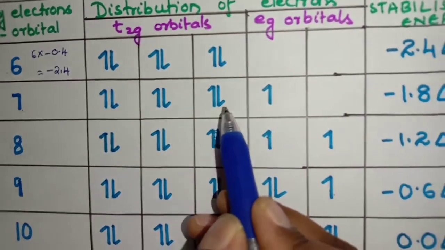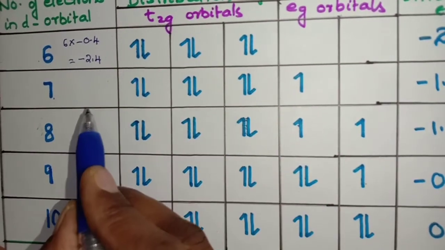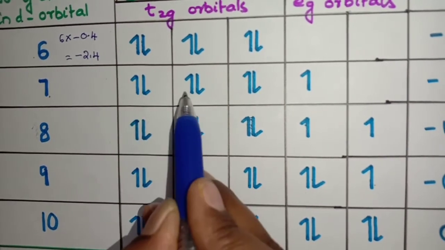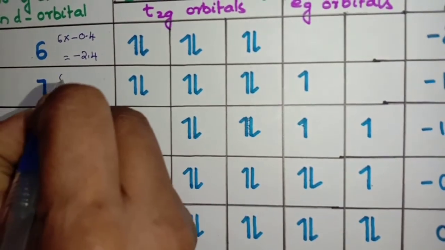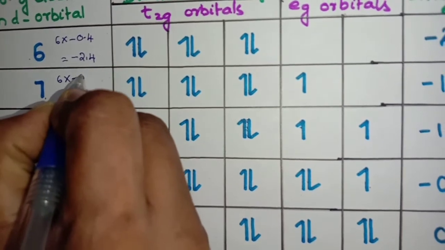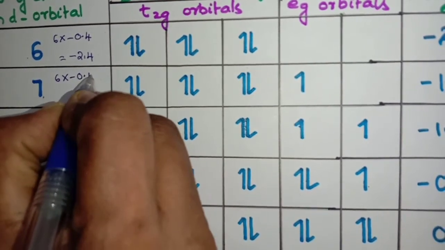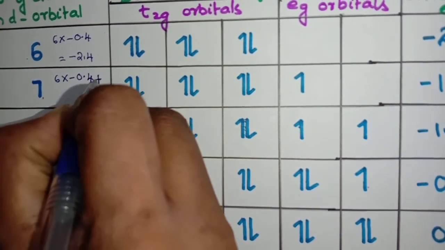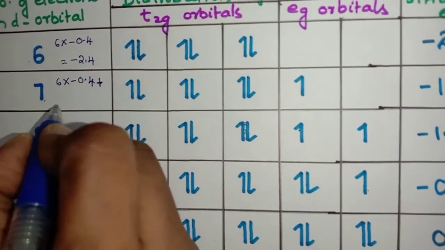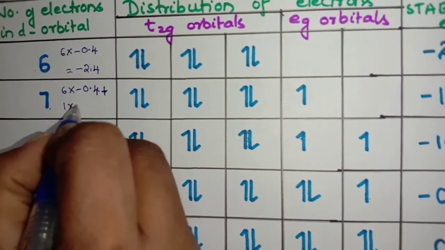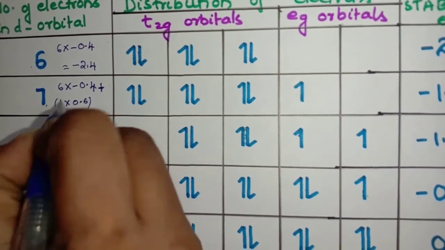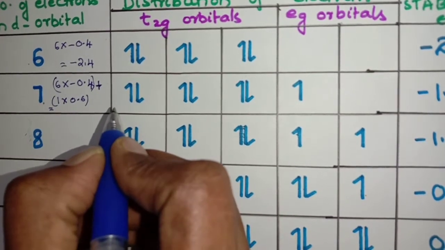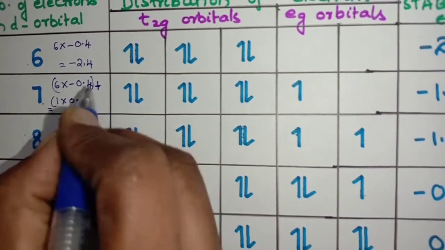Okay. So now here comes the calculation part. Look here. There are how many electrons in T2g orbitals? 6. So 6 into minus 0.4 plus number of electrons in Eg orbitals, 1 into 0.6. So it is equal to 6 into minus 0.4, how much, students?